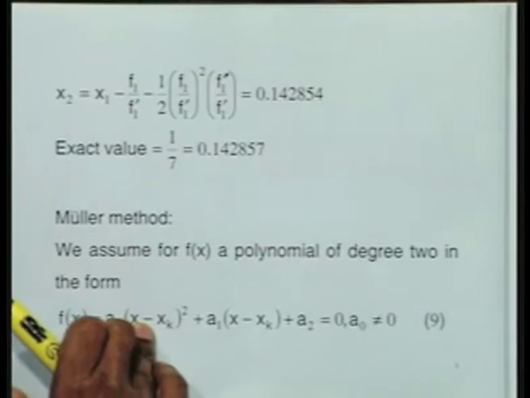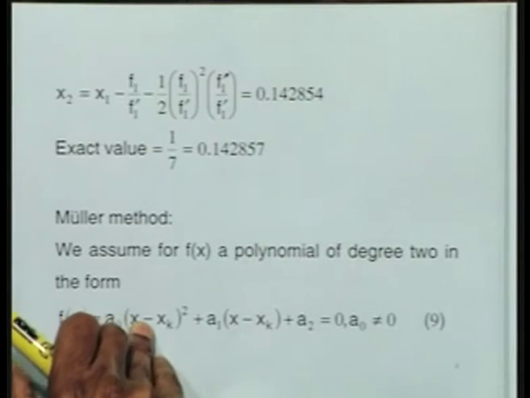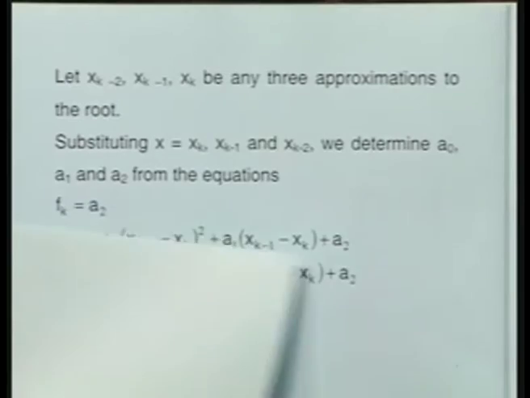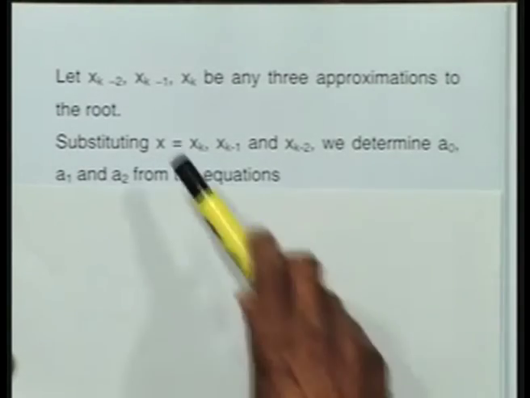Now, the application of the Muller's method requires three initial approximations. If you remember that the Newton-Raphson method required one initial approximation, secant method required two initial approximations, the Chebyshev method required one initial approximation. But for implementing this Muller method, we need three approximations to the exact root.